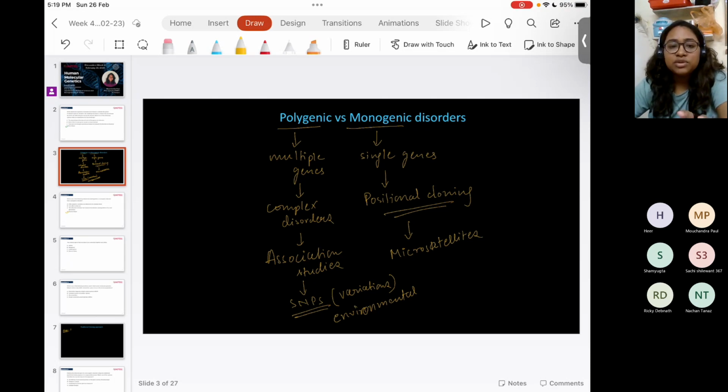Or people use animal models where they mutate a particular gene, some candidate genes, and see the effect. So we are not using these approaches. We are trying to identify the unknown gene solely based on where it is located within a chromosome. I will discuss more in detail in my next slides.